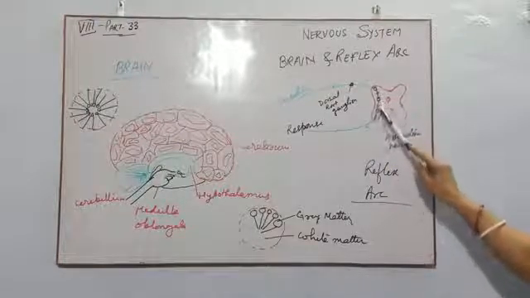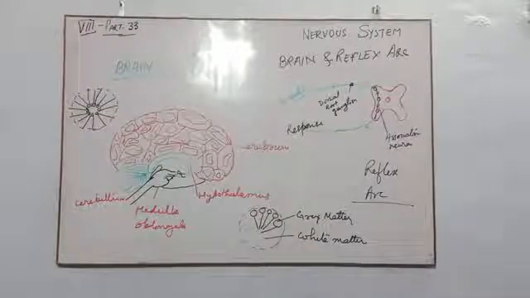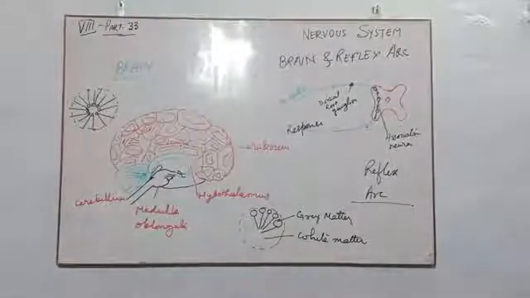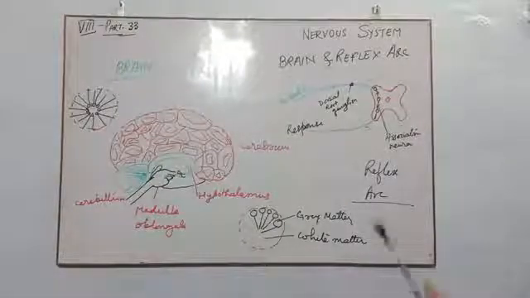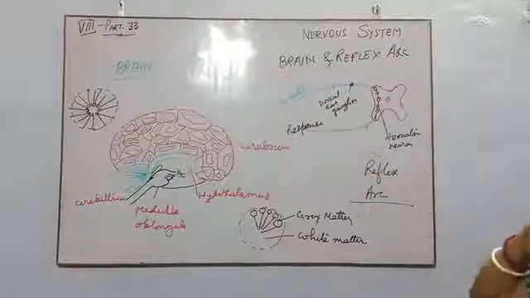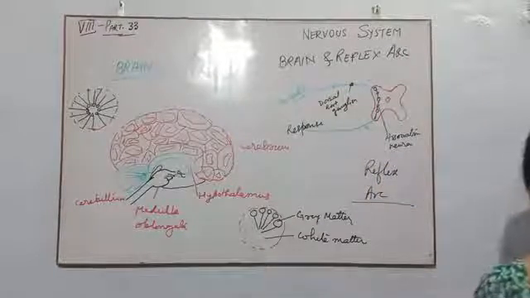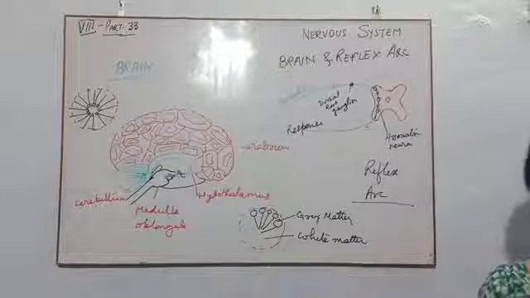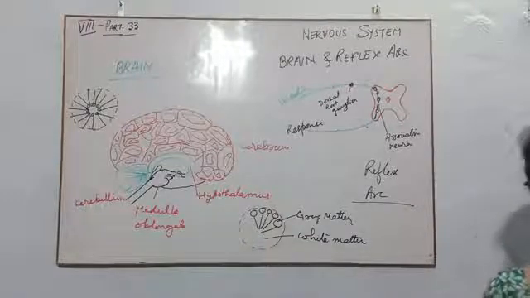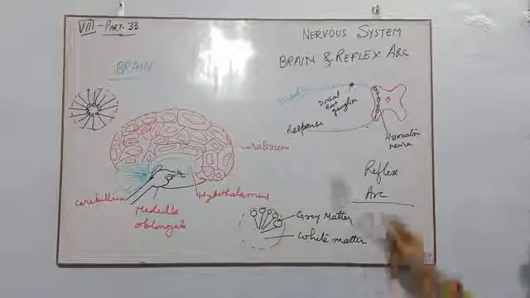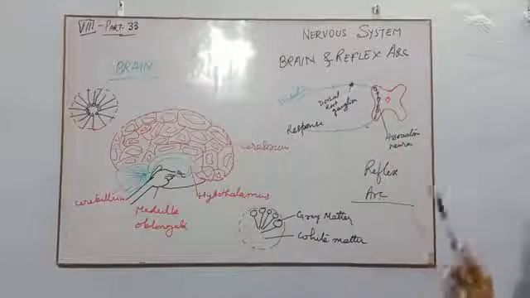After interpreting what they have to do, they give the order through the motor nerve, and it shows different responses in different parts of the body. In the very beginning of the chapter I told you, one stimulus can show different types of response with different parts of our body. So this arc is known as the reflex arc.